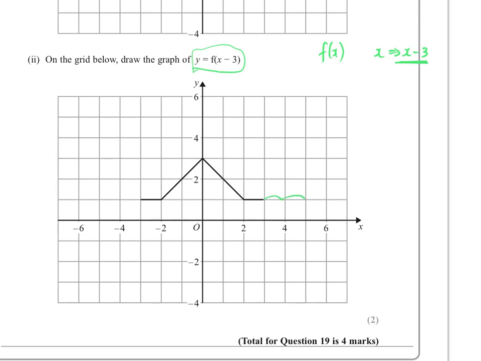So 1, 2, 3, there's the first one, 1, 2, 3, and so on. And then all I do is join these points up. That's a bit untidy, sorry for that. And then this one here.